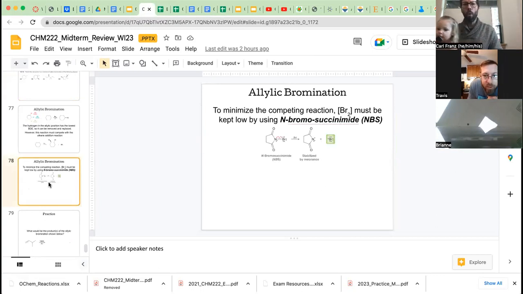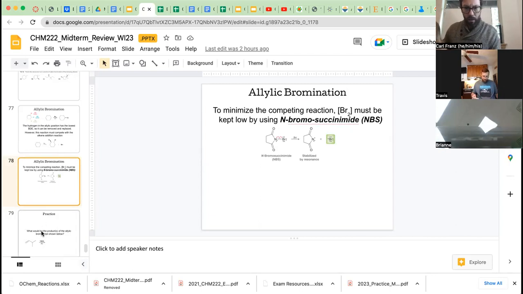So what that's going to do is prevent the bromines from attacking the double bond, because we only have free radicals that are produced. We don't also have in that environment the liquid bromine, the Br2.